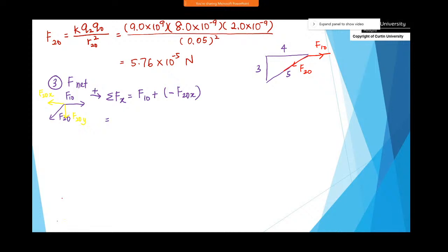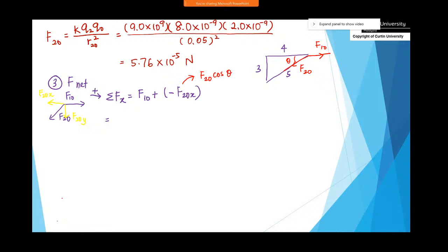Okay, so what is the value of this? To resolve this one to your x-axis, assign theta here. Okay, so this one will be your F2O cos theta, right?